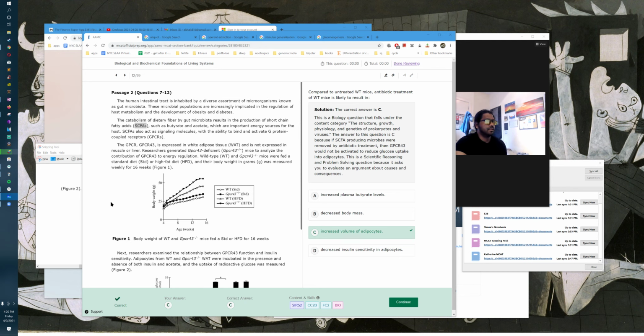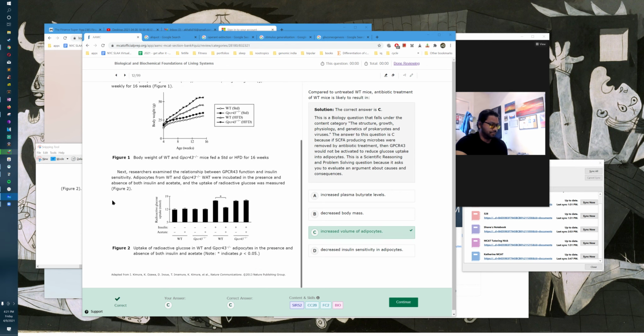I wrote, so the reason why I said that, or how I walked myself through the right answer, was because I said antibiotic treatment equals no gut microbiota, which equals no production of short chain fatty acids, which equals no GPCR activation, because it says in the passage that they bind to GPCR to activate it.